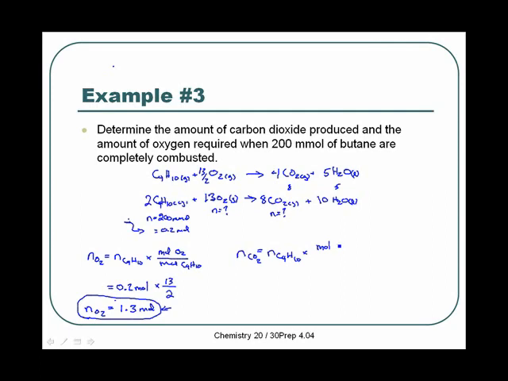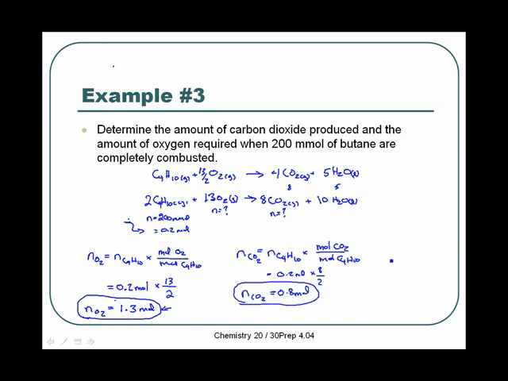So this is moles of CO2 over moles of C4H10. And so we're going to get 0.2 moles times the moles of CO2 is 8 over 2, which is the same as multiplying by 4. So 0.2 times 4, and we get 0.8 moles. This is the number of moles of CO2.